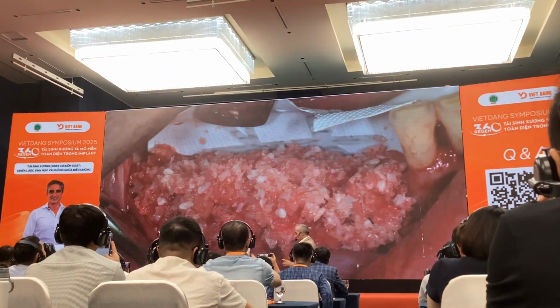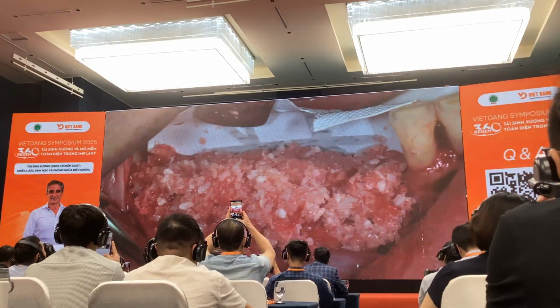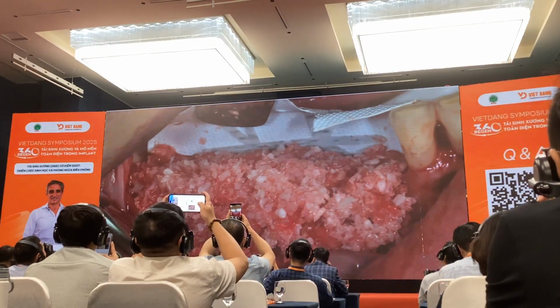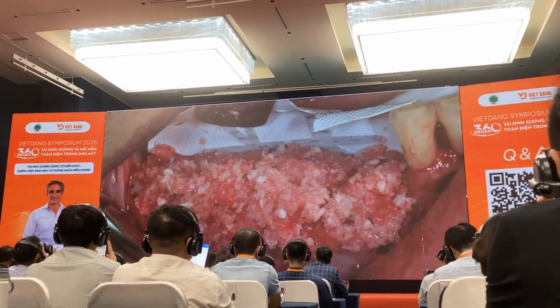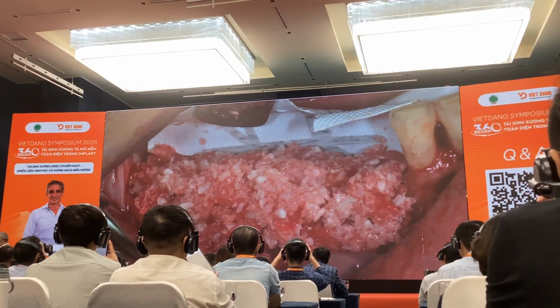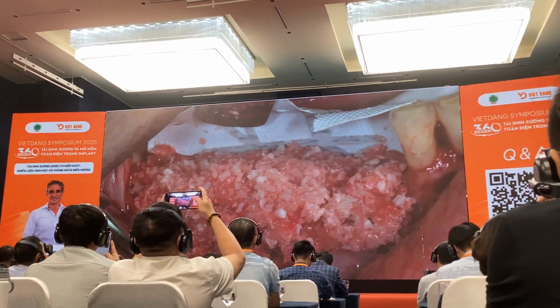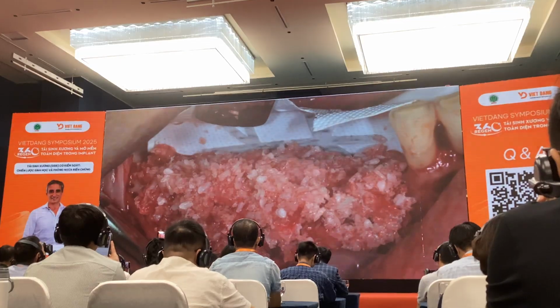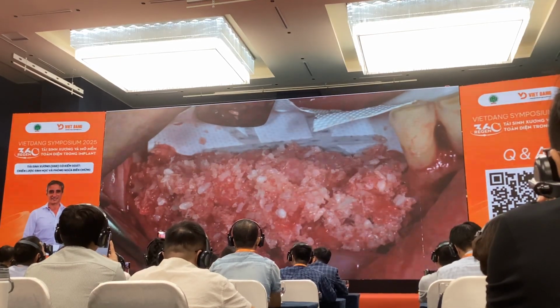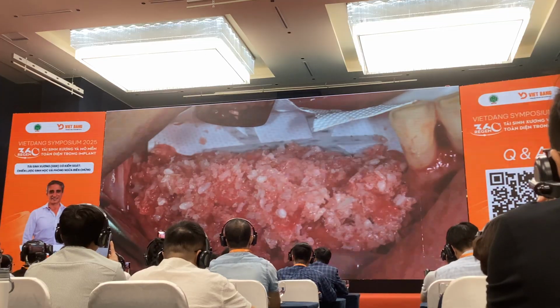A big quantity of biomaterial, in excess relative to the ideal level at which we want to place the membrane. In excess, because I want a perfect fit between the membrane and the biomaterial.